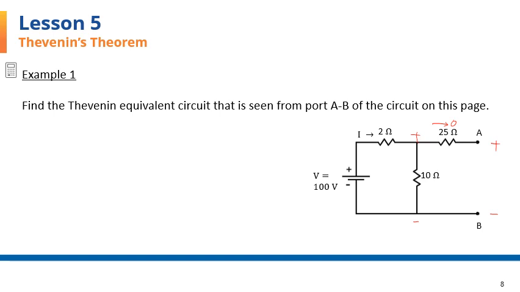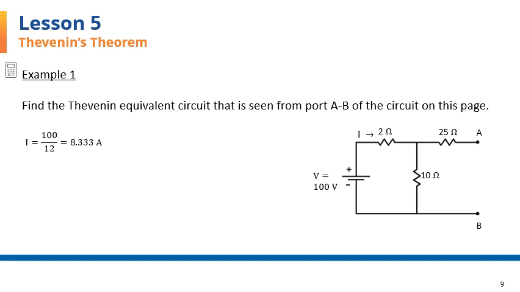In order to do that, we'll first find the current that goes through this circuit. Looking at this simple circuit here, we can ignore the 25 ohm resistor because it doesn't participate in our circuit. The circuit is only made up of the 100 volt source, 2 ohm resistor, and 10 ohm resistor in series.